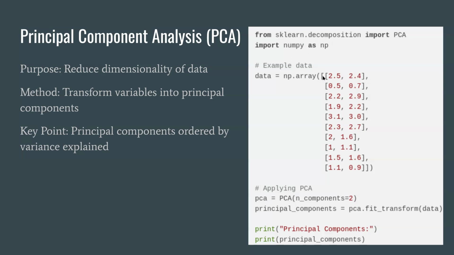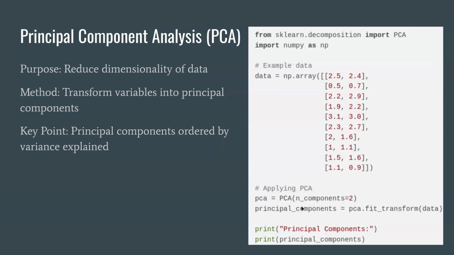Then once we create the data, we want to initialize the PCA class. We're specifying that we want to reduce our data to two principal components. To do that, we pass a parameter called n_components, and we're setting that to 2.